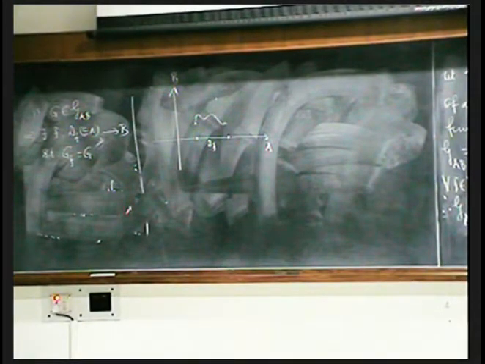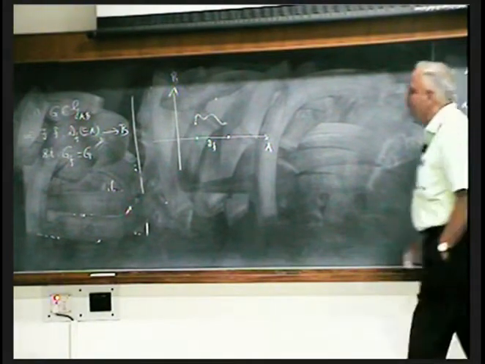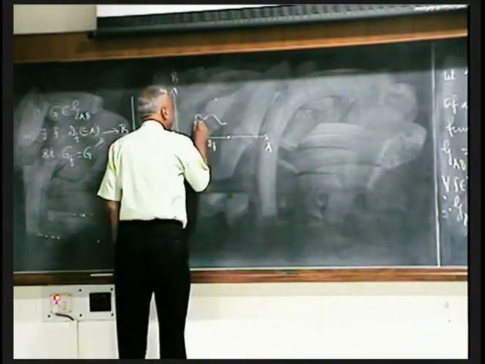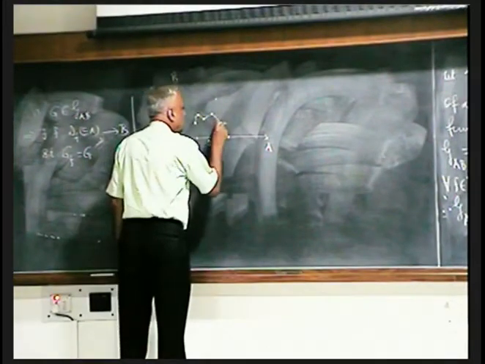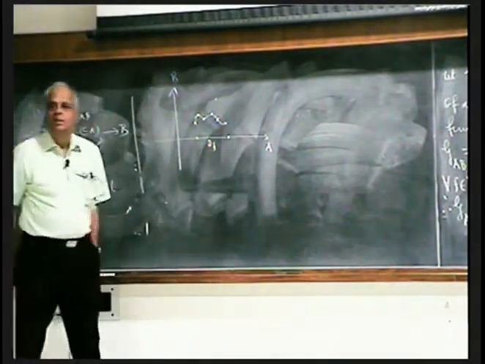Now, K, we want to show this. Take any finite subset of G. What is meant by a finite subset of G? I take certain points.